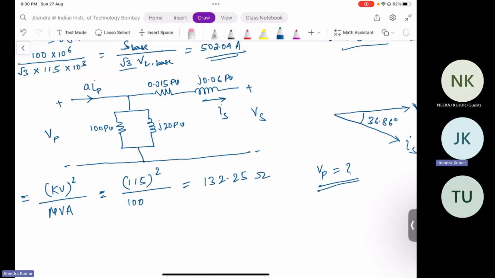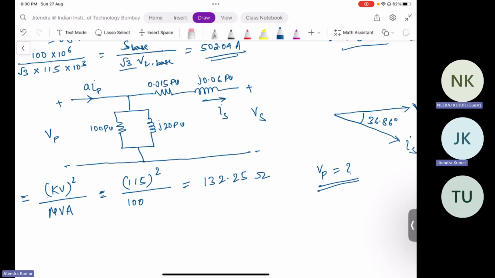Can anybody lead me to the equation of KVL in this circuit? What should be the equation of primary voltage in terms of the given circuit parameters?